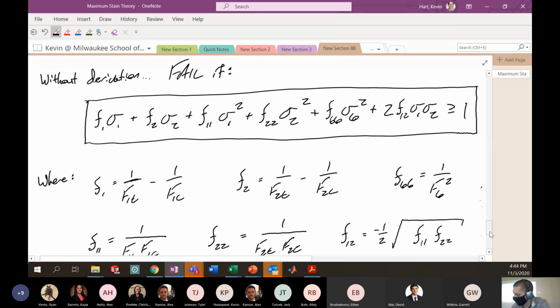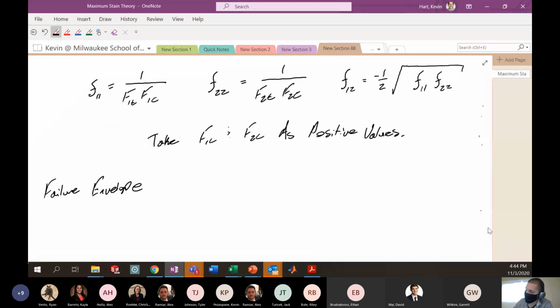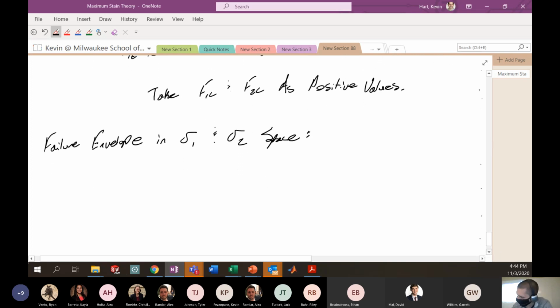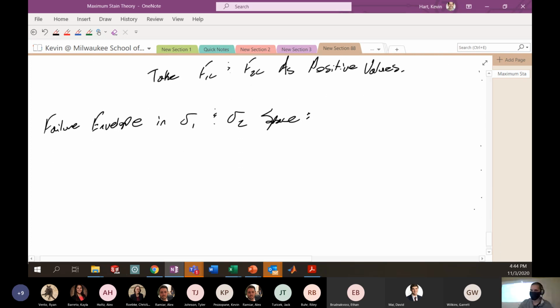Well, an ellipsoid. It's actually a three-dimensional equation. But if you plot it in 2D, you'll see an ellipse. So here in the sigma 1, sigma 2 space, you'll have the following.